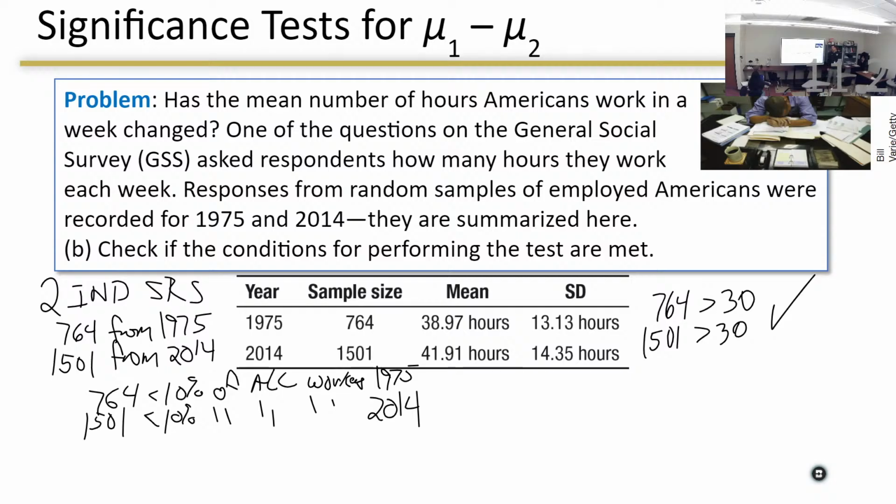We don't have to do n times p. We don't have to do n times p hat. We don't have to graph anything. We're way over 30. 1, 2, 3 points, E, P, or I on the AP exam. Conditions get their own E, P, or I.